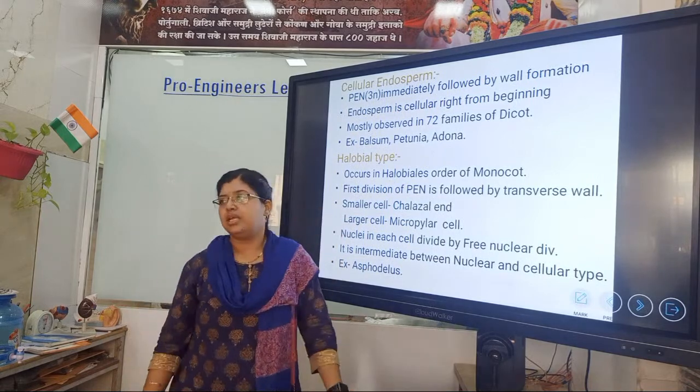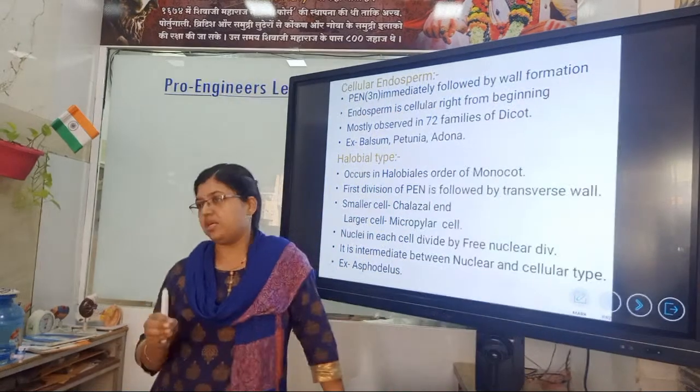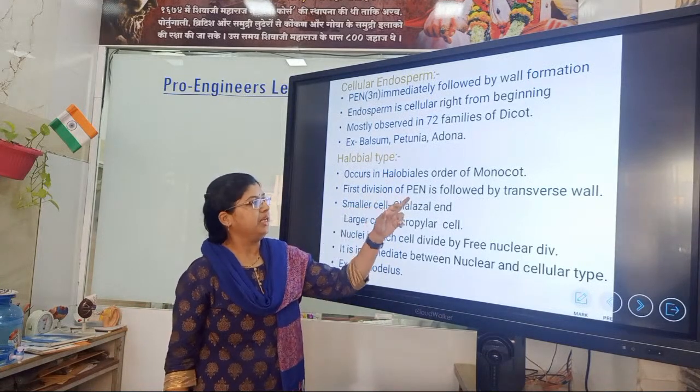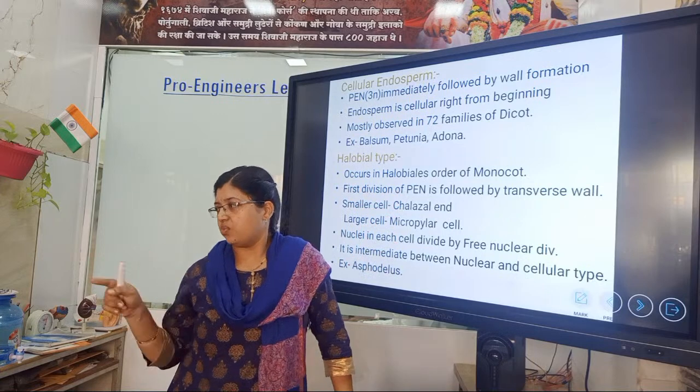Helobial type occurs in the order Helobiales of monocots. The first division of the primary endosperm nucleus is followed by a transverse wall.